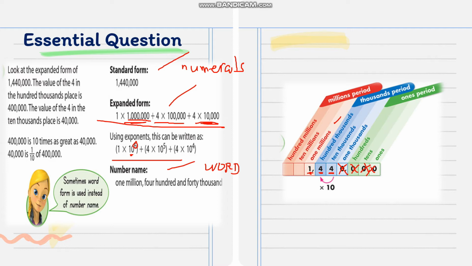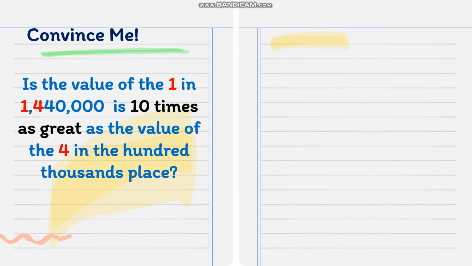The same thing with 4 multiplied by 100,000. So 4 multiplied by base 10, and I have 5 zeros in 100,000, so my exponent is 5. And 4 multiplied by base 10, and I have 4 zeros for 10,000, that's why it is 10 to the 4th power.